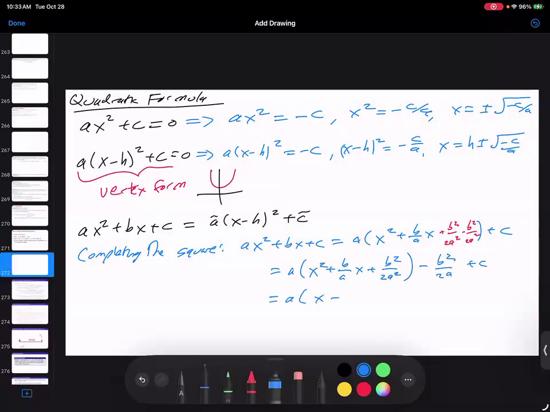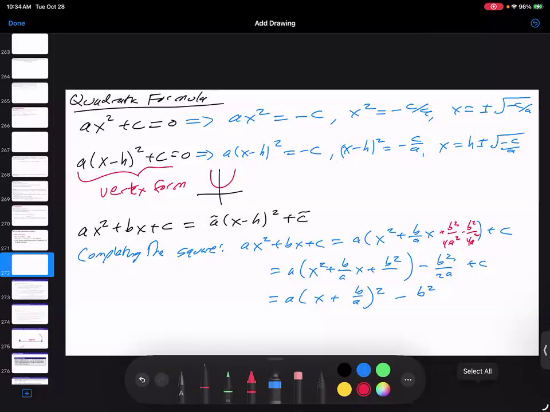But this is just (x plus b over a) squared. It seems like, have I made an algebra mistake? Oh, sorry. These should be 4s, not 2s. So that should be a 4a squared and a minus 4a squared.